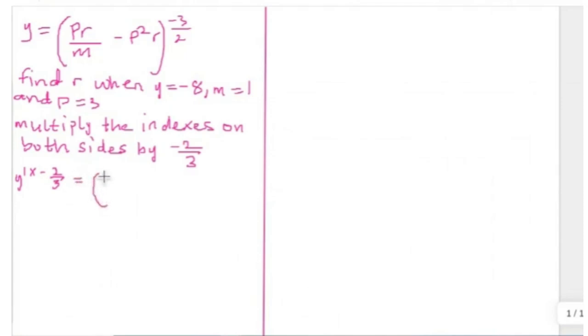Then this equals what we have here, that is (PR over m minus p squared r), enclosed and raised to power −3/2 times −2/3.